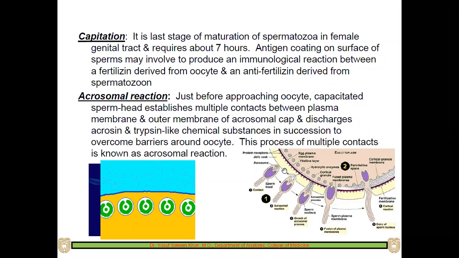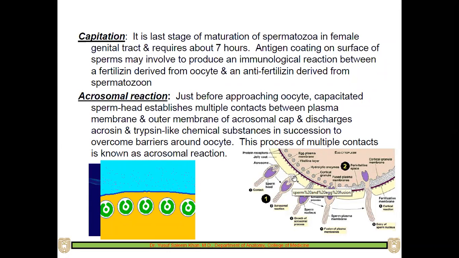If you see here, it is developing multiple contacts, and it discharges acrosin and trypsin-like chemical substances in succession to overcome the barriers around the oocyte.